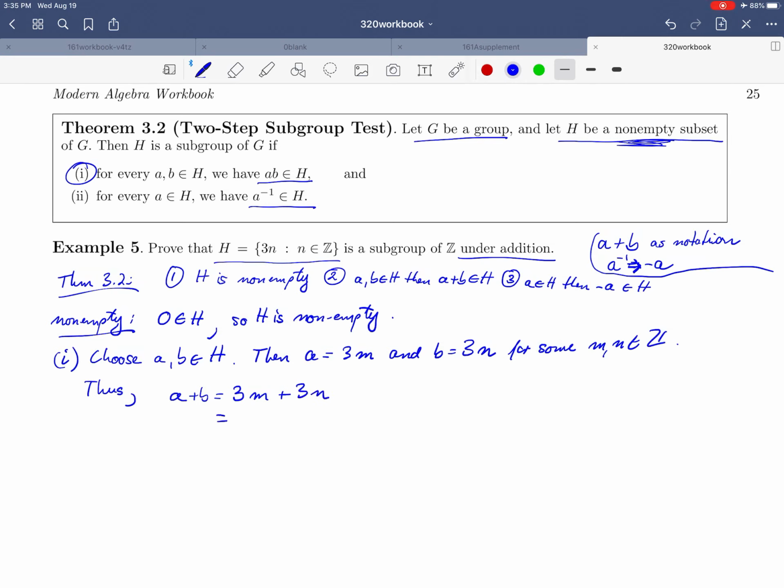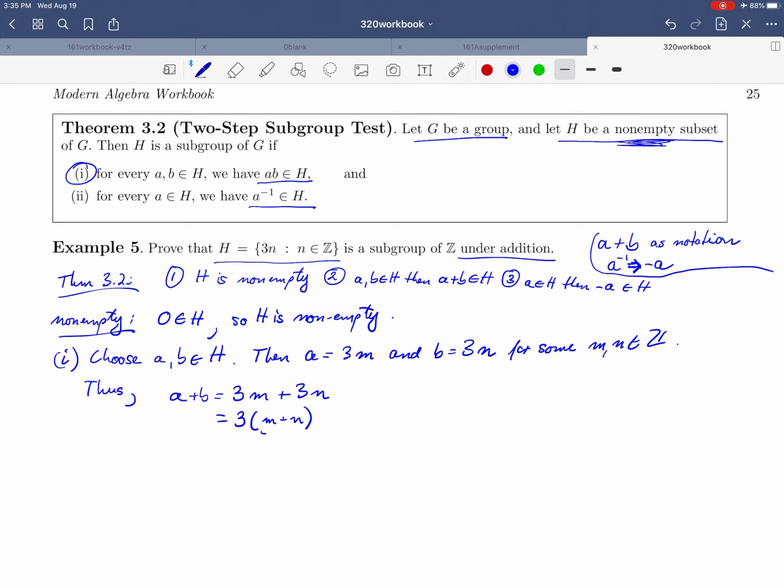You might think at this point that you're done, but not quite. Yes, what we see there is a multiple of 3, but to really convince someone that that's the case, we are going to factor out that 3. So 3m plus 3n is 3 times m plus n.